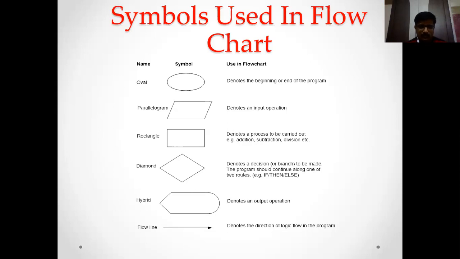This is an arrowed flow line that indicates in which direction the next step has to be taken. Remember, it should never be undirected. An undirected line does not give any clarity on which direction it is flowing. So compulsorily, the direction should be mentioned in the flowchart.